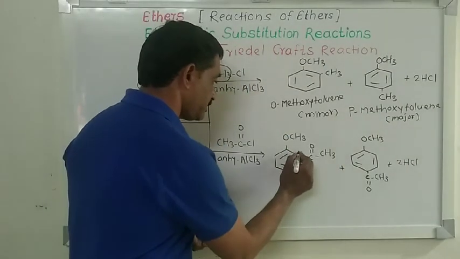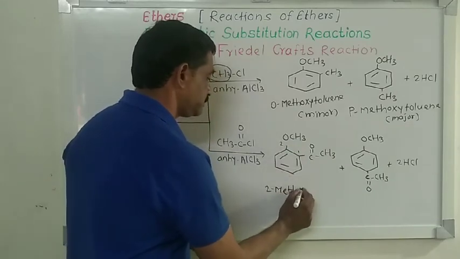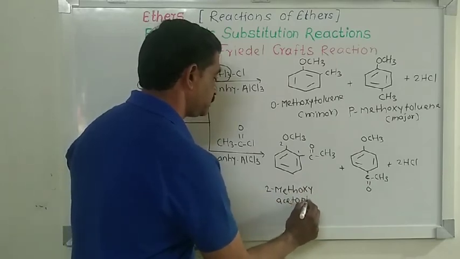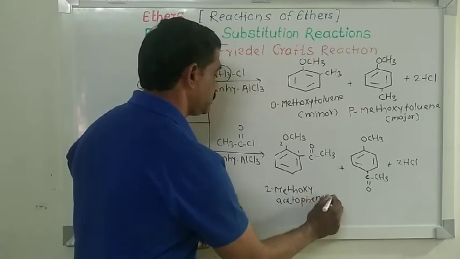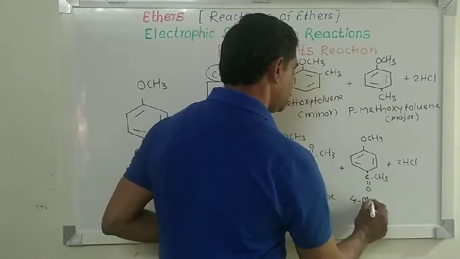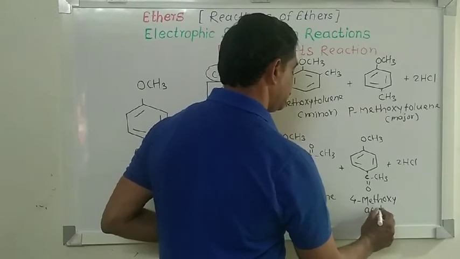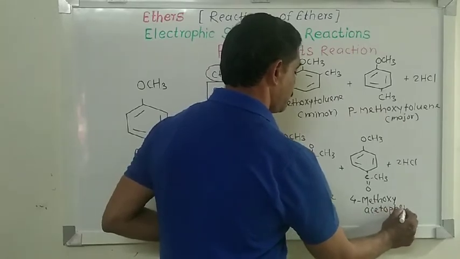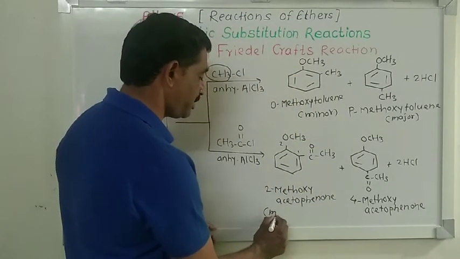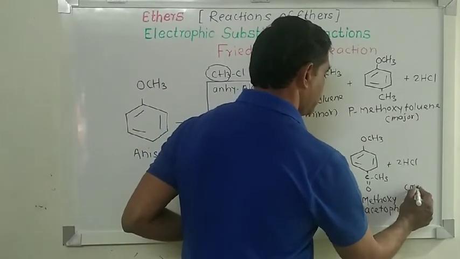This compound is known as 2-methoxyacetophenone and this is 4-methoxyacetophenone. 2-methoxyacetophenone is the minor product and the other is the major product.